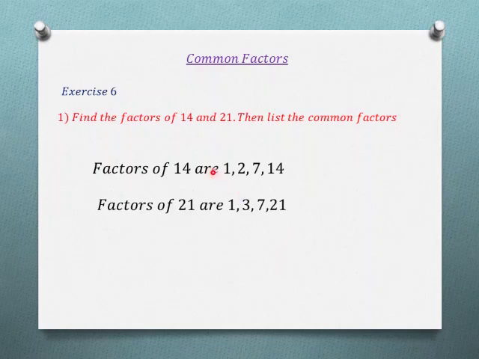Find out what the common numbers are. 1 is common in both and 7 is also common. So the common factors of 14 and 21 are 1 and 7.